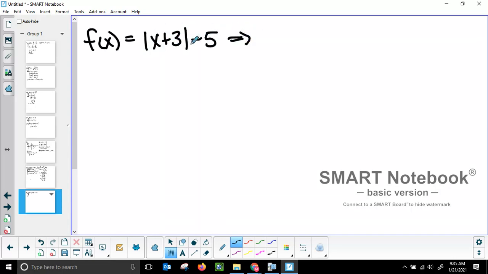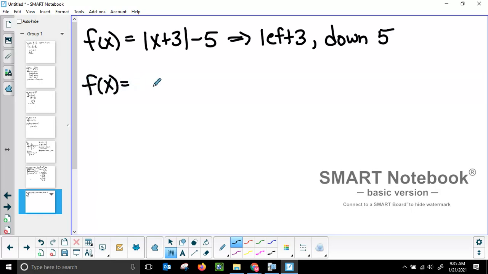As far as transformation is concerned, this plus 3 inside would take me to the left 3, and this minus 5 outside would take me down 5. Part B says f of x is equal to 2 times the square root of x minus 3.